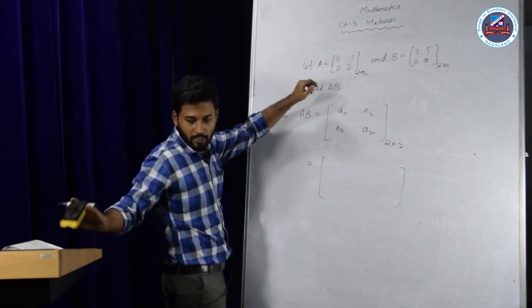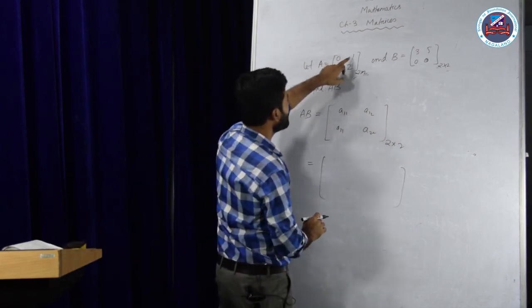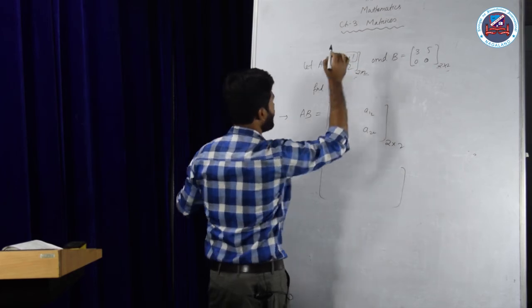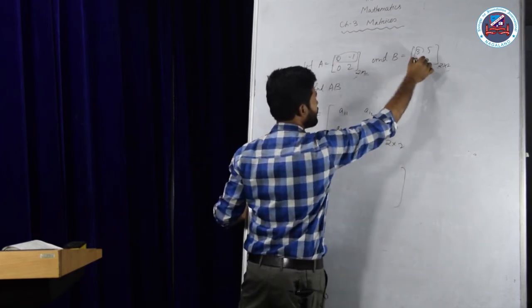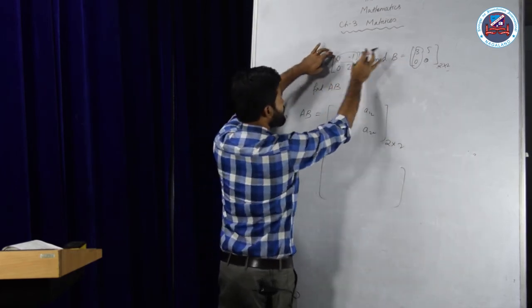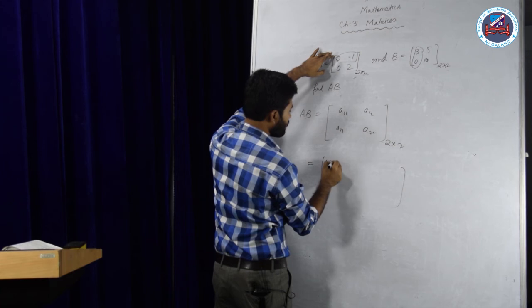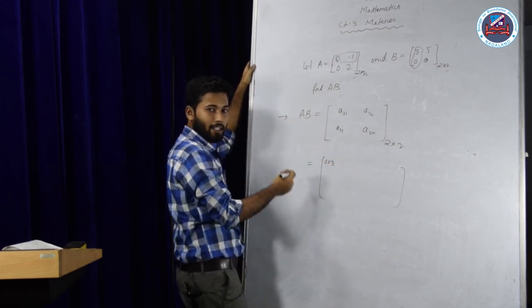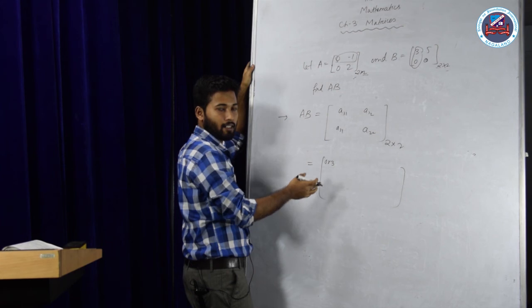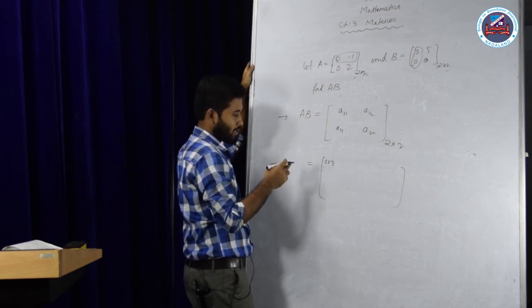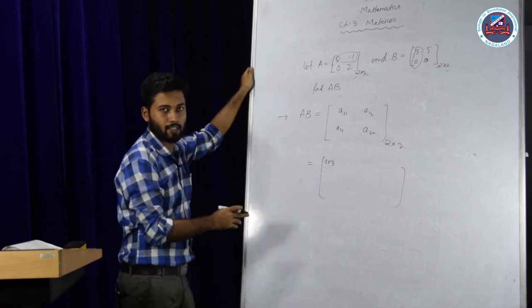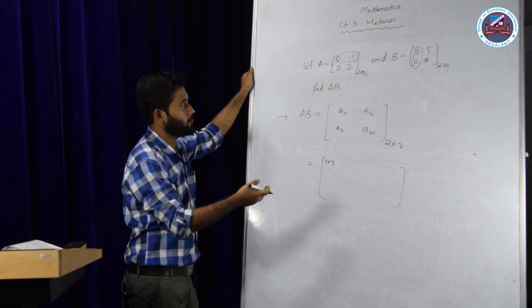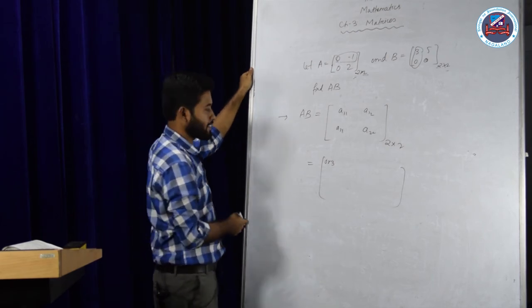So what is our first row here? 0, minus 1, this is our first row. And what is the first column of B? 3, 0. So now multiply it, 0 into 3, because it was given the sum of the product of the ith row of the first set and the kth column of the second set.